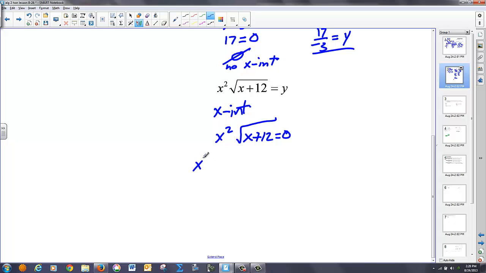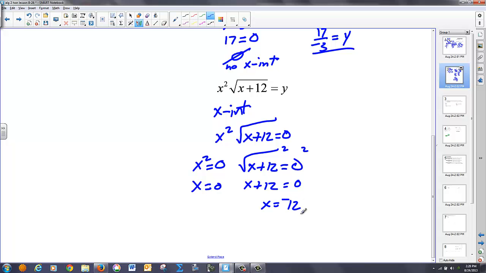I have x squared equaling 0, and I have the root of x plus 12 equaling 0. Now, we solve each of these. Square root both sides, x ends up equaling 0. Square both sides of this equation, I have x plus 12, showing the squaring, is equal to 0, so x equals negative 12. So there are two x-intercepts in this case.